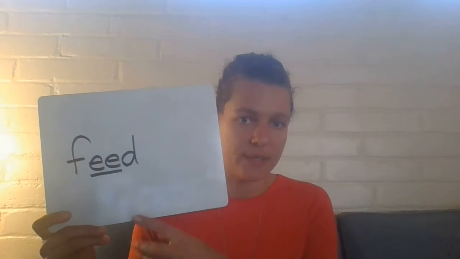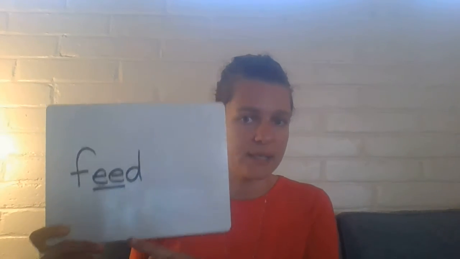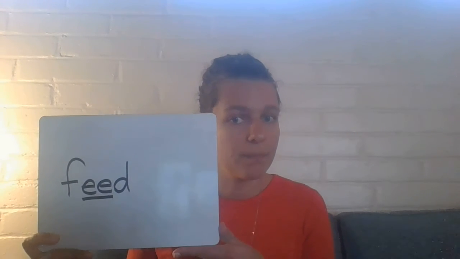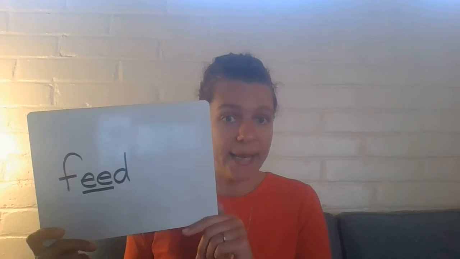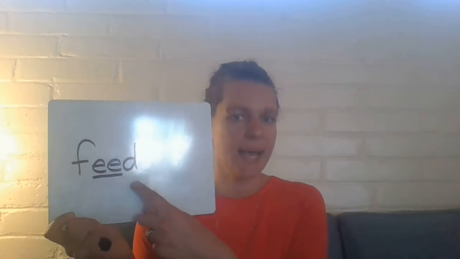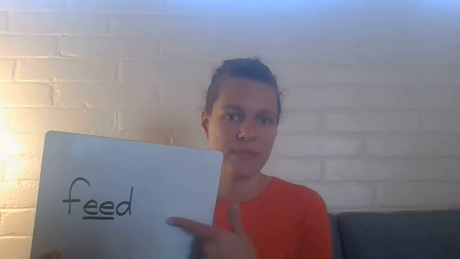Now if I want to move this from present tense into the present participle, what do I need to add? Good, I need to add ing. So go ahead and you're not just going to add it to feed, you're going to rewrite feeding with the syllables and the markings.